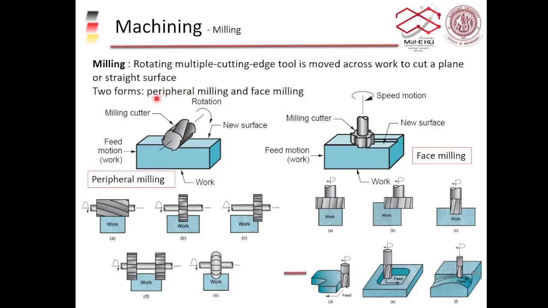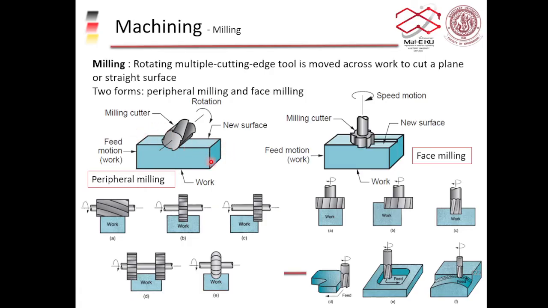Essentially there are two forms of milling. The first one is called peripheral milling, and the second one is called face milling, right? Peripheral milling is removing the outer face of the workpiece. So basically, you're moving around the edge, for example.